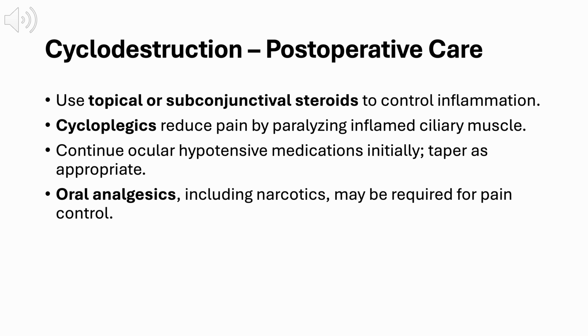Most patients should continue their existing ocular hypotensive medications initially. As the treatment effect becomes clearer and the eye settles, those can be tapered in a stepwise way. And because some patients experience deeper, more persistent pain, especially after transscleral techniques, oral analgesics, including narcotics when necessary, may be part of the initial management plan.